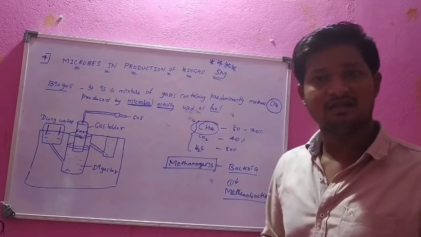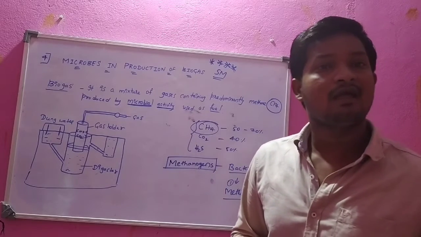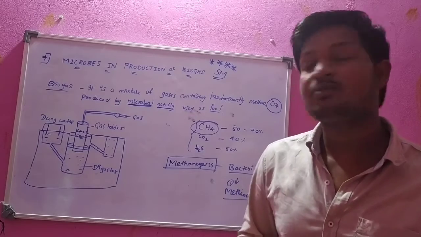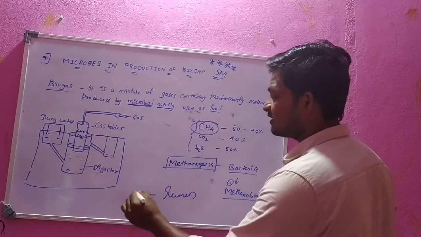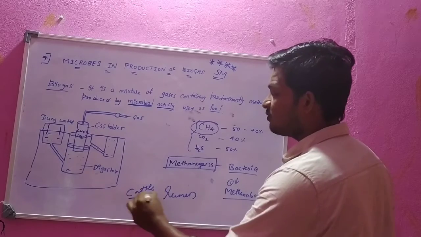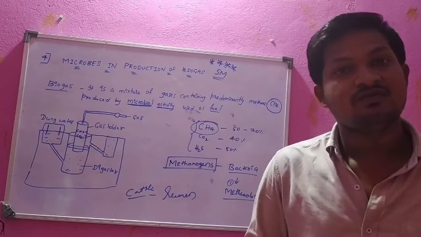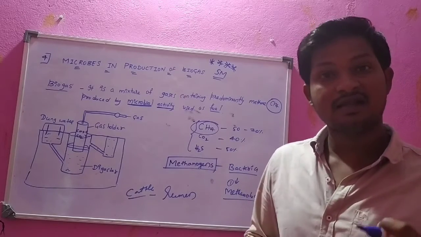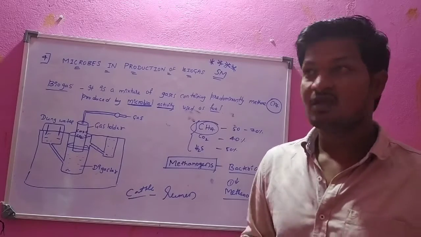If you see the cattle, what type of digestive system does it contain? It contains a rumen type of digestive system. In the rumen, there are bacteria that are responsible for the digestion of cellulose.